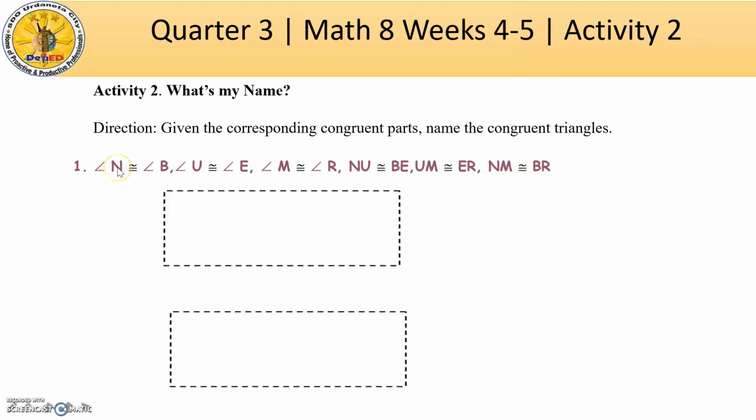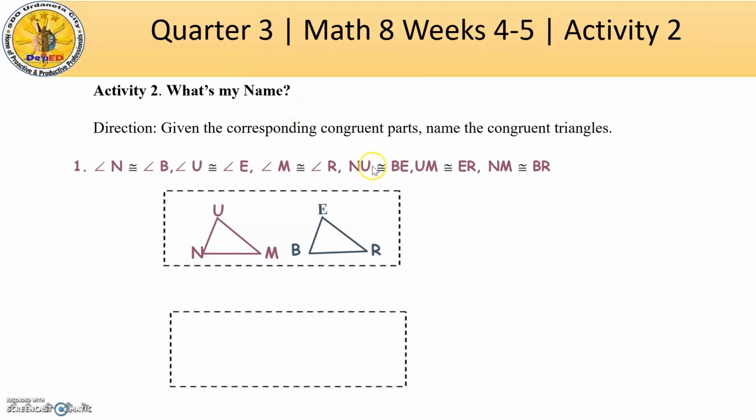So we have the three angles forming the triangle, angle N, U, and M. And another triangle formed by the three angles B, E, R is the triangle BER. Through checking, we can see also that the corresponding sides are the same.